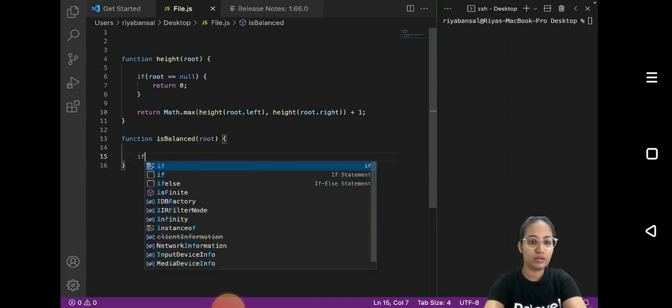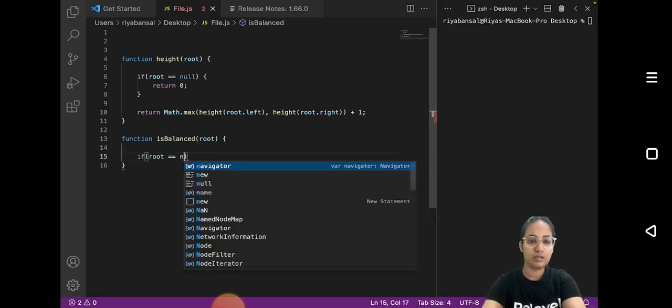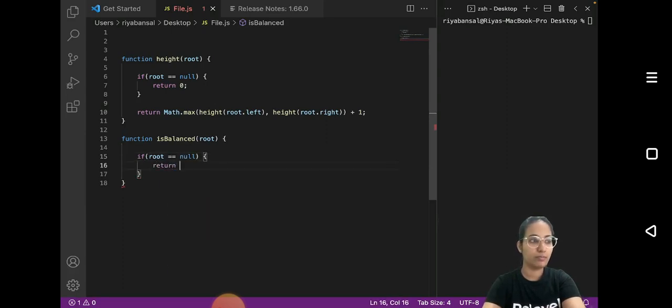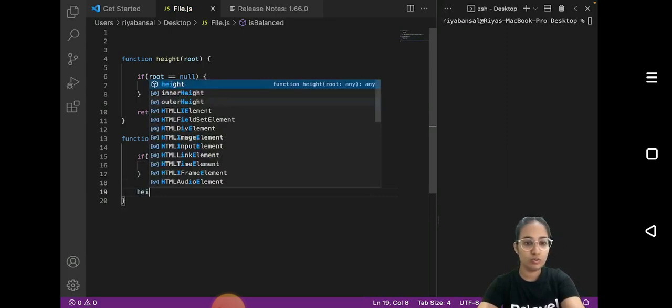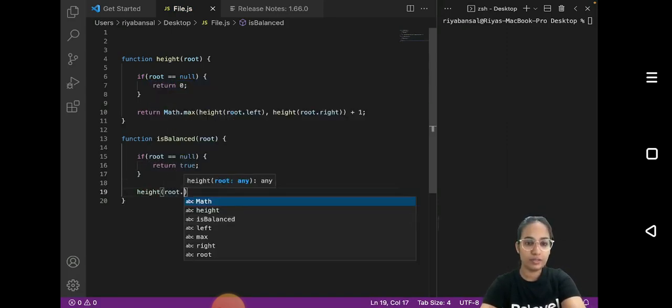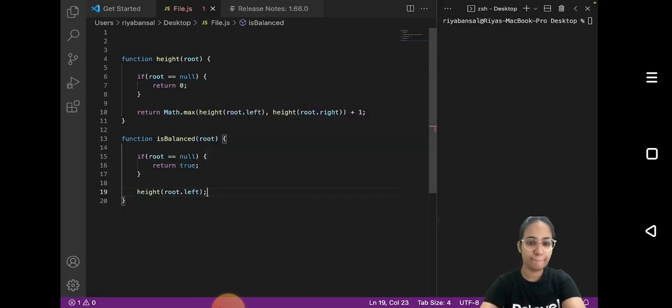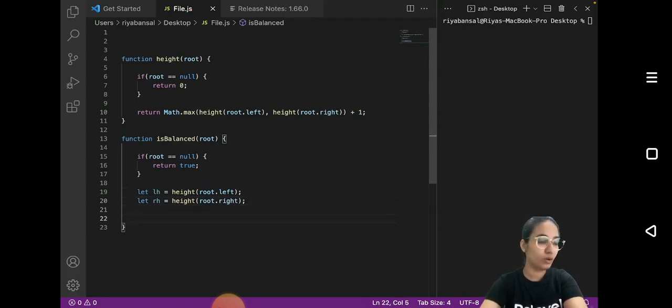Now we need to check whether a tree is balanced or not. Here again, if the root is equal to null, you simply return true, because if there's nothing, then what you do is you find the height of the left subtree and the height of the right subtree, and then you put into words the implementation we thought of.